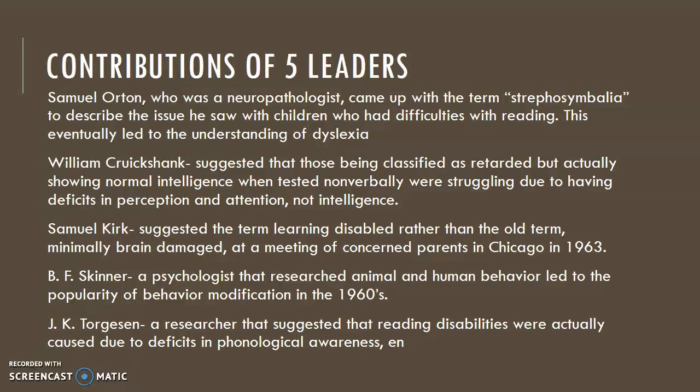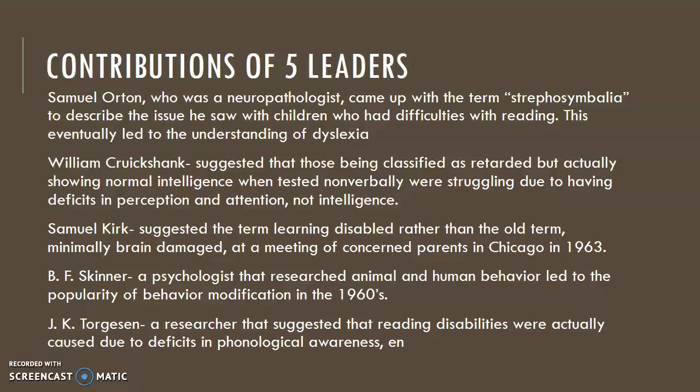The next leader was Samuel Kirk, who suggested the term learning disabled rather than the old term minimally brain damaged. He did this at a meeting of concerned parents in Chicago in 1963. The next leader in our field was B.F. Skinner, who was actually a psychologist.